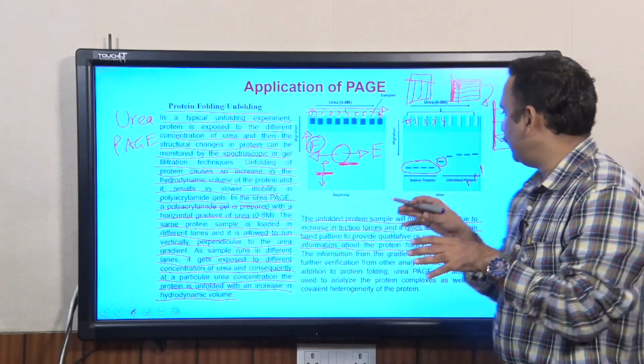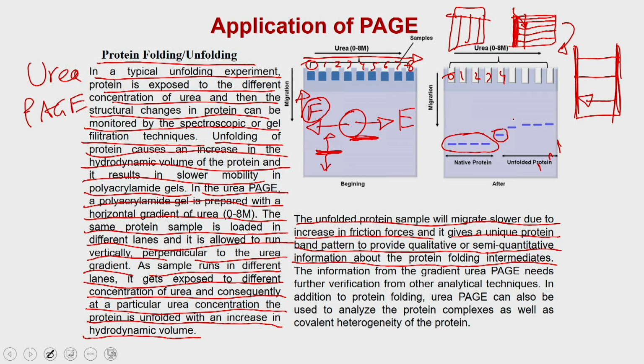This will remain intact, but when you reach 5 molar, some more portion got opened, and once you reach 6 molar, the full protein got unfolded and it still remains like that. So, at 6 molar urea this particular protein got completely unfolded, and the information from the gradient urea PAGE needs further verification from other analytical techniques.